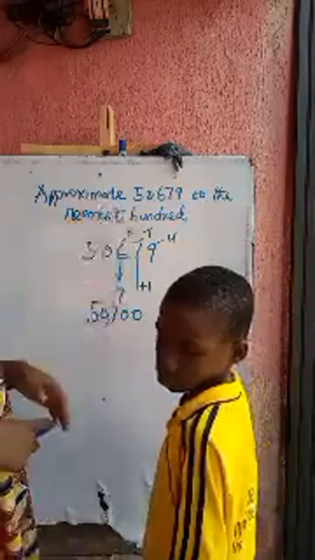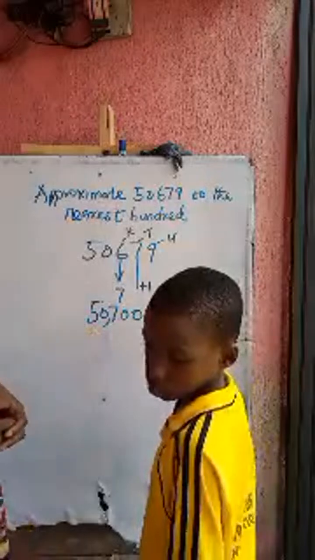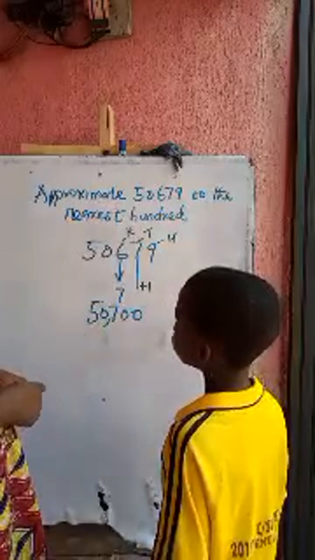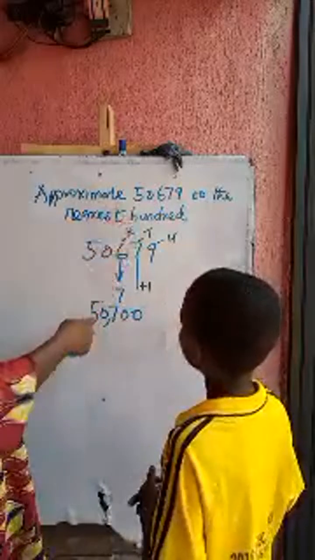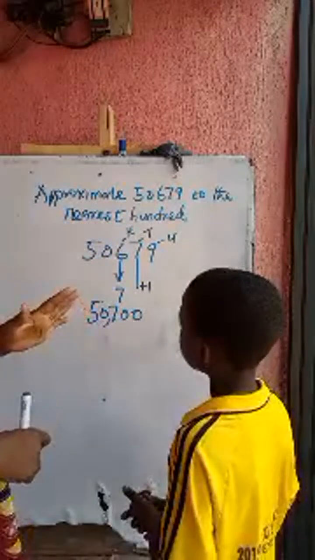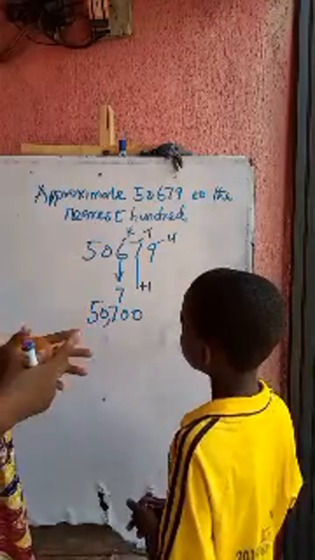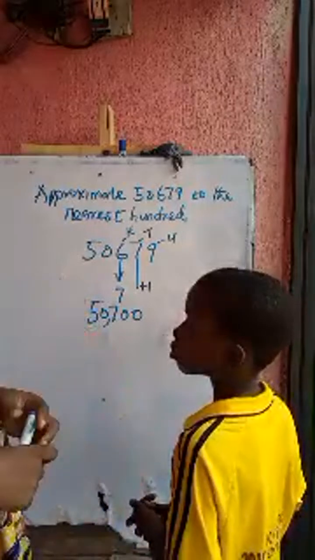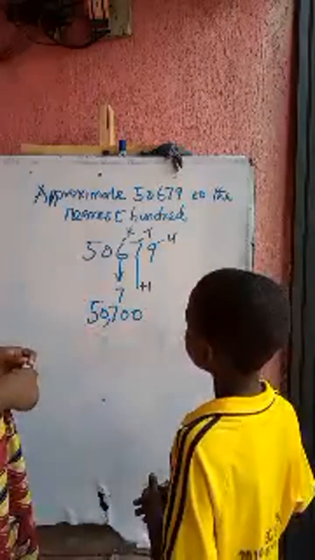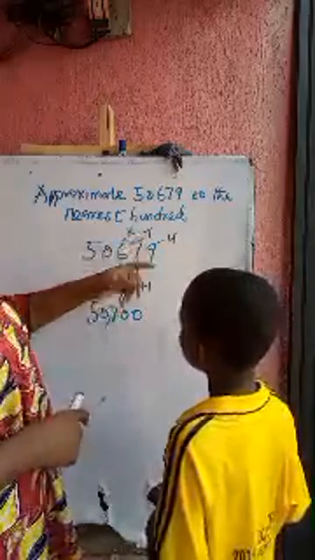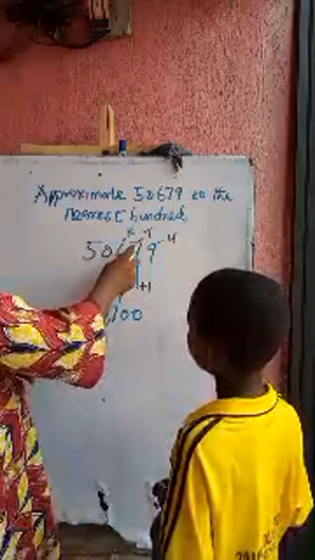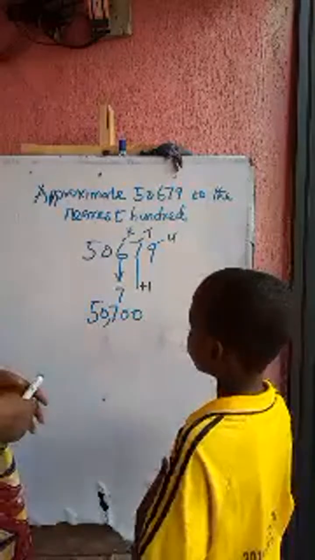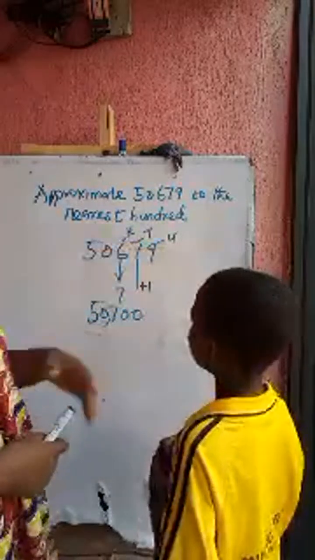So in approximating 50,679 to the nearest hundred, what we have as our final answer is 50,700. The reason is because 6 is in the hundred column. So we are going to focus on the tens digit. If it were below 5, we would leave it at 600.